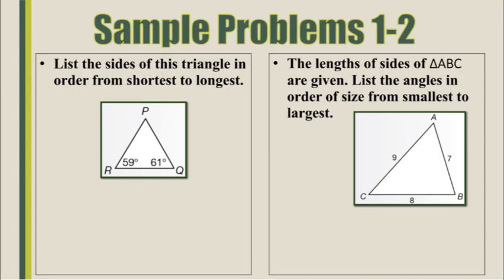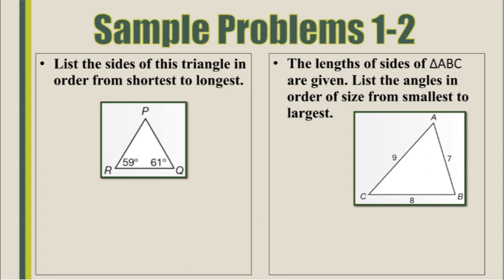So example 1, list the sides of this triangle in order from shortest to longest. First, we need to know what are all the angles. All triangles add to 180. Since 59, 61, if we were to think about the average, would be 60 degrees.